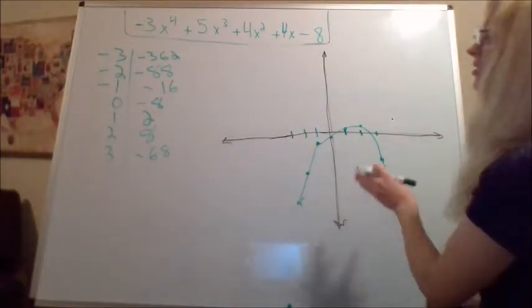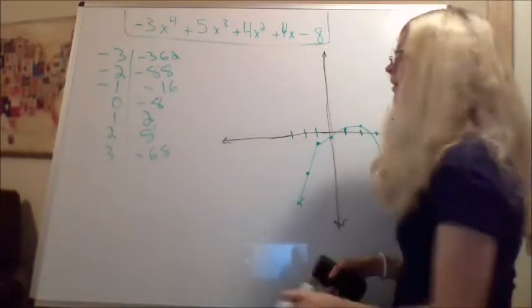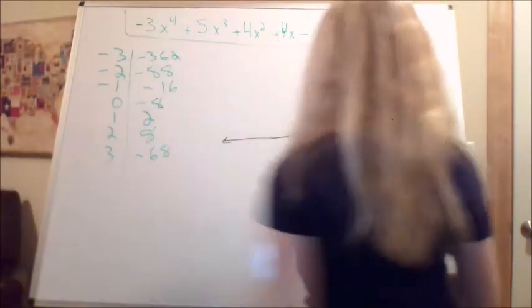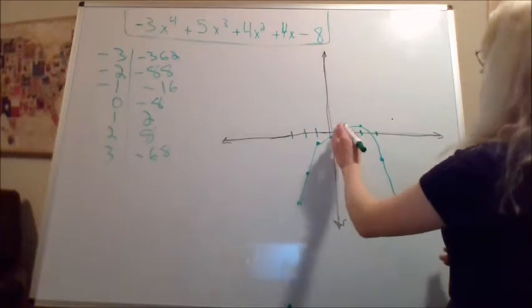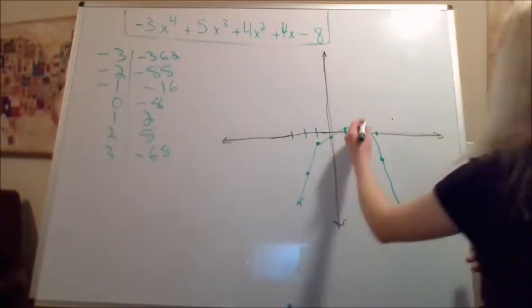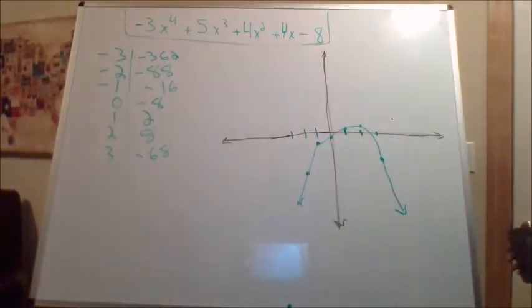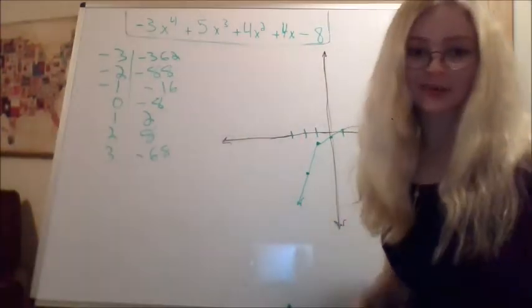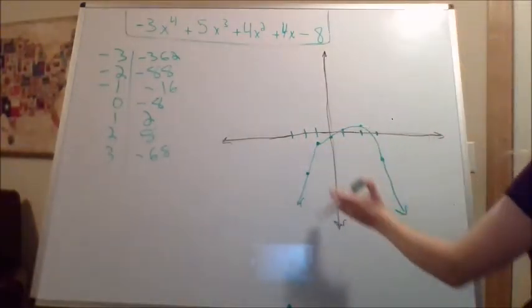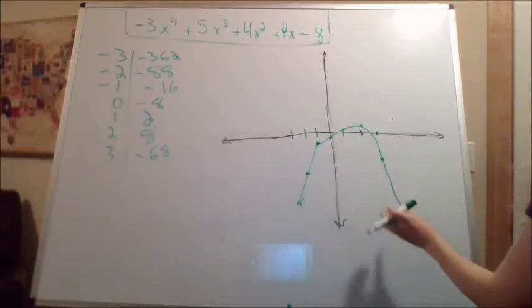And so since this is a fourth degree polynomial with a negative leading coefficient, we know that its end behaviors are going to be towards negative infinity here and towards negative infinity here again. And so we know that we've drawn the end behaviors correctly. So back to the question, where do we see zeros on this integer graph?